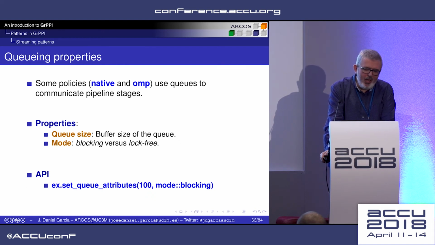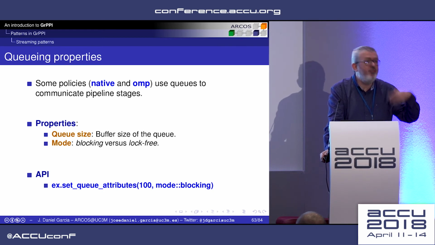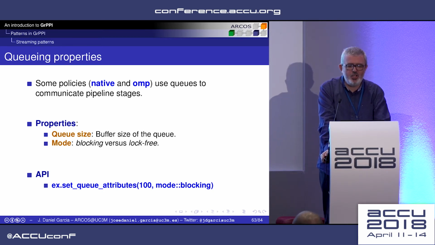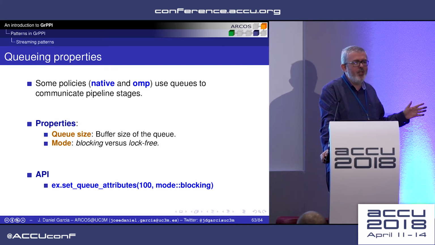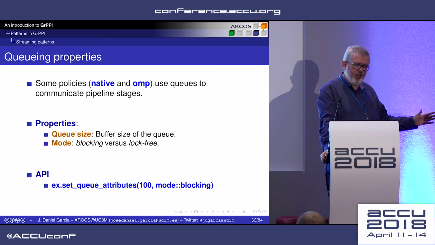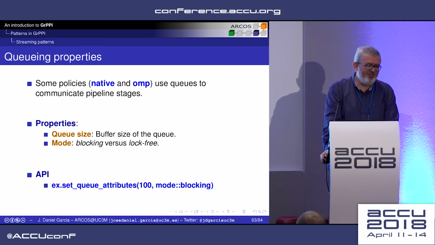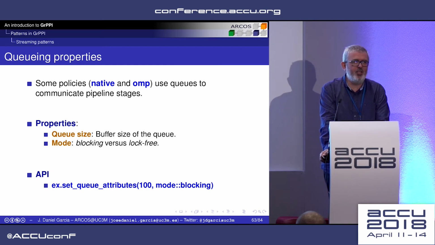These queues have a queue size. We have a default queue size, but you can change it. And it has a default mode, either blocking or lock-free. It depends on the application. Our experience is that depending on the application, your application might go better with blocking queues or with lock-free queues. There is no general true answer to this.